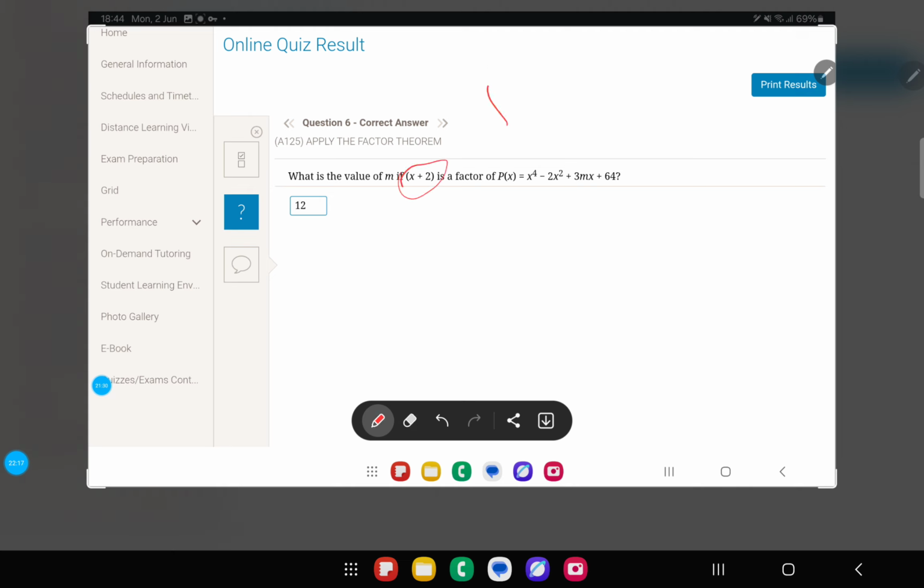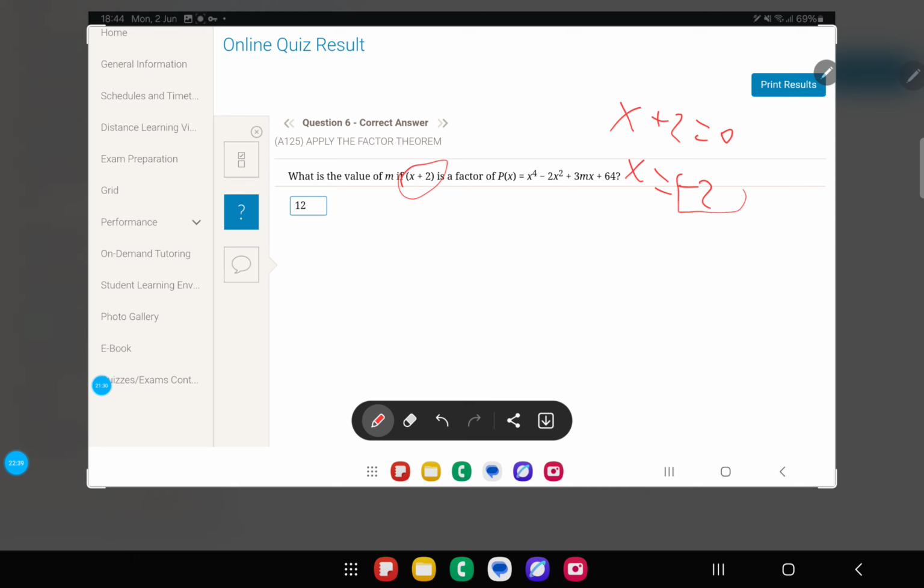Now x plus 2, you're gonna make it x. This basically means x minus or plus a, right? We're gonna flip our a to the other side, becomes negative a, right? For same thing here, you're gonna do x plus 2 equals 0. Flip 2 to the other side, it becomes negative 2.